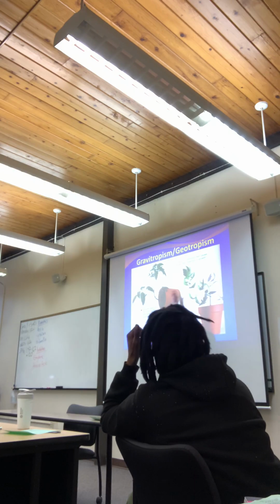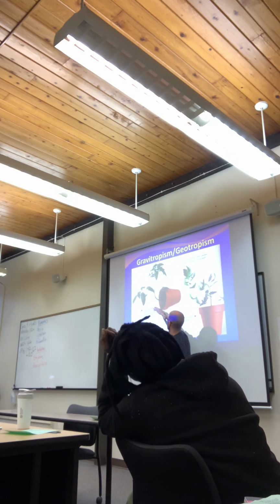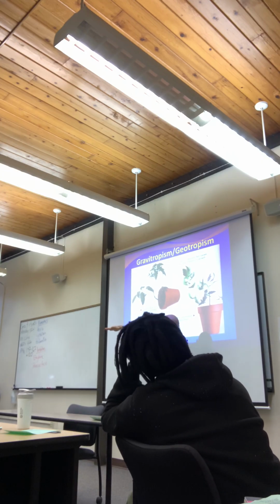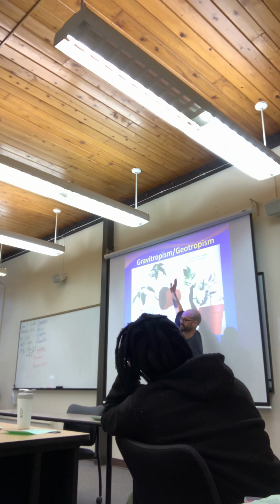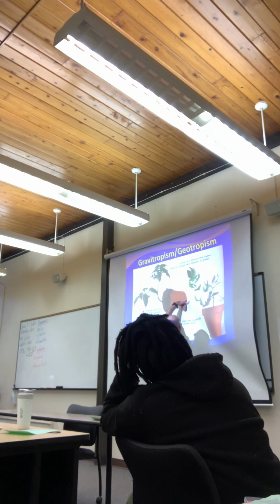And over here, it was just put 90 degrees on the side, and quickly, you can see, it figured out, oh, now I'm horizontal, I've got to start going against gravity here. So it can sense gravity, and then it moves in relationship to it to make sure shoots go up, because plants understand that that's where the light source is, and roots then, as a corollary, go down. So what you can't see in here is that likewise the roots are starting to move this way as well.